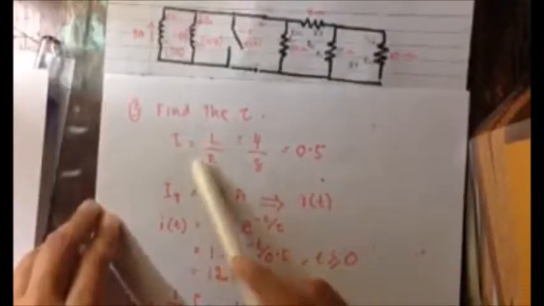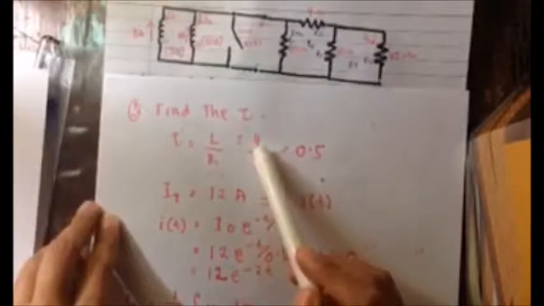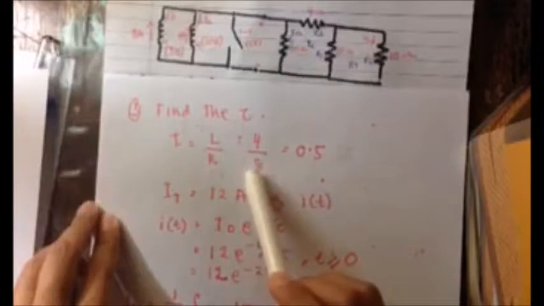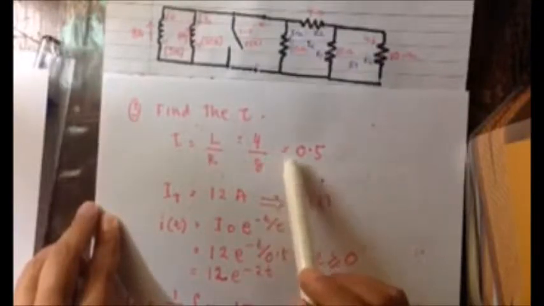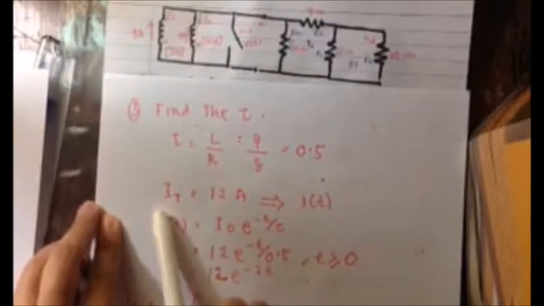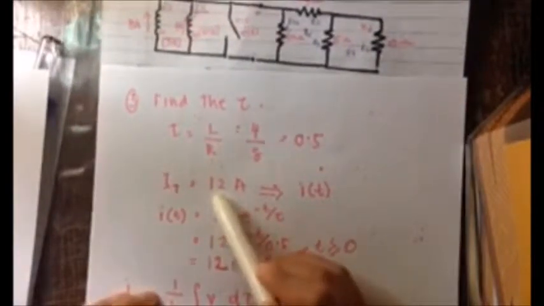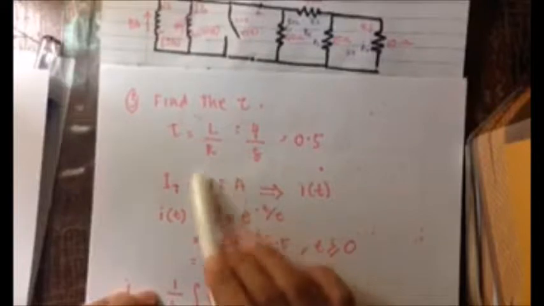Next, we need to find tau. Tau is equal to L over R, where L equivalent is 4 and R equivalent is 8, and we get 0.5. We know that the total I0 is 8 plus 4, which is equal to 12 ampere.